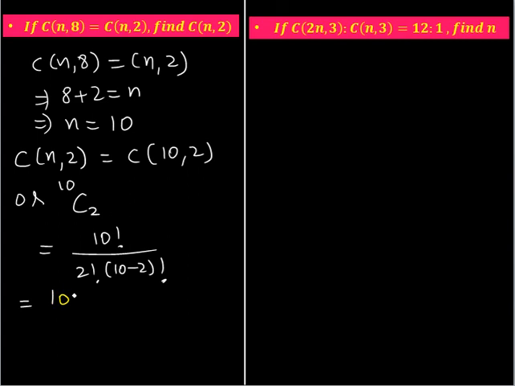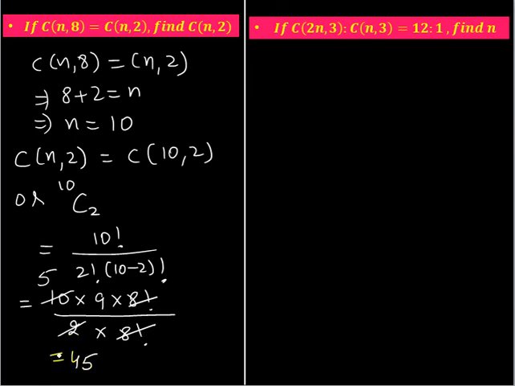So here I expand 10 factorial as 10 into 9 into 8 factorial. 2 factorial is only 2 and 10 minus 2 factorial is 8 factorial. So this gets cancelled out. With 2 we can cancel out 10 and this comes out to be 45.